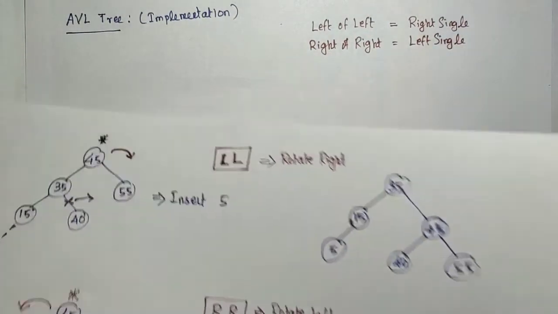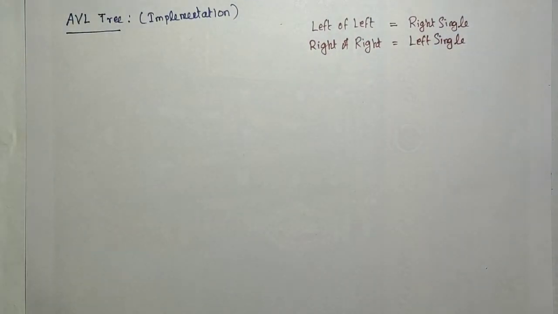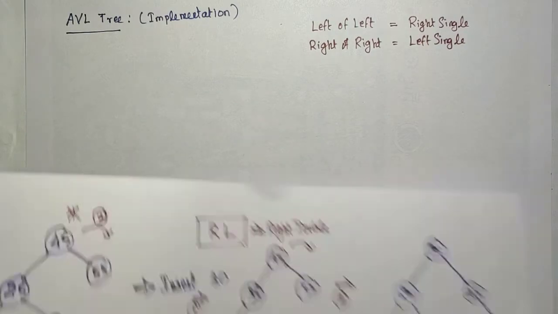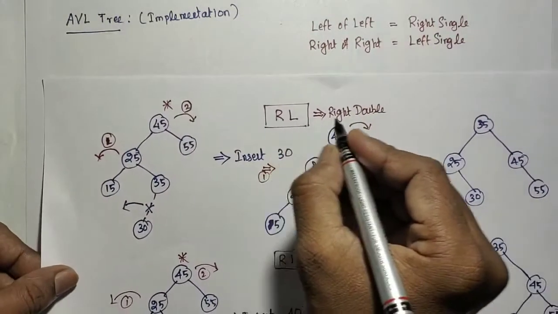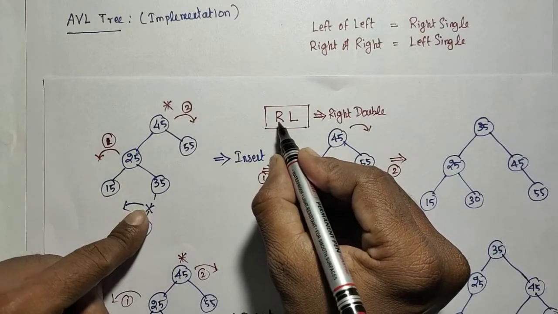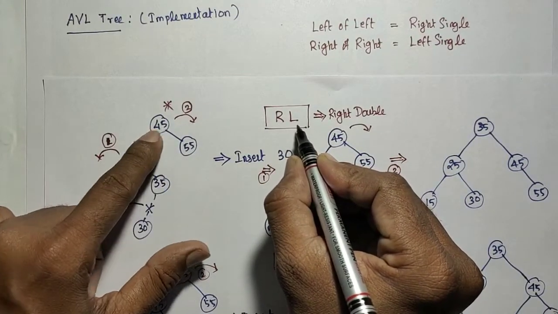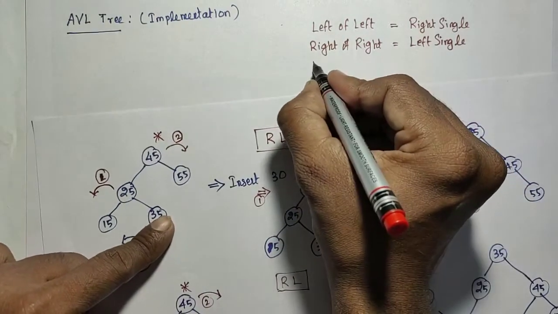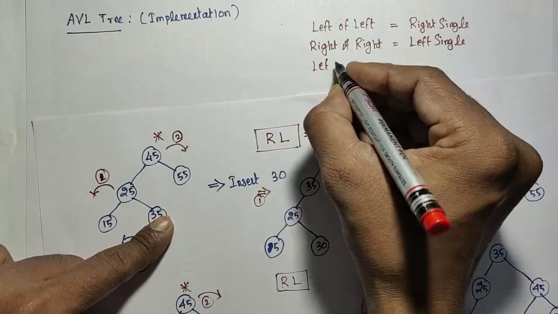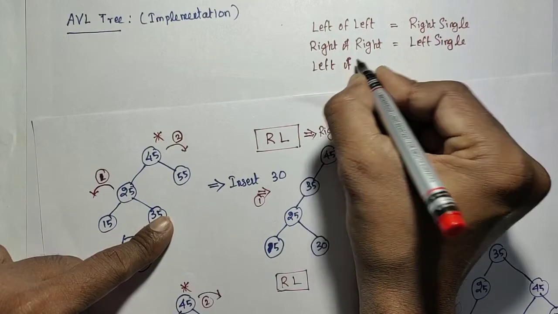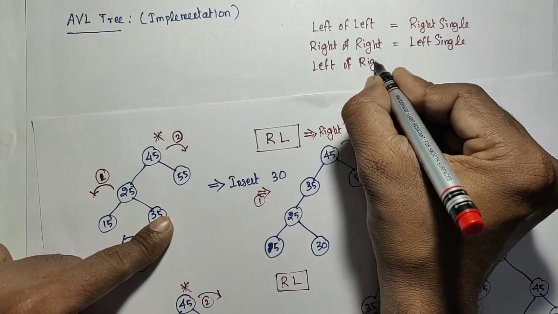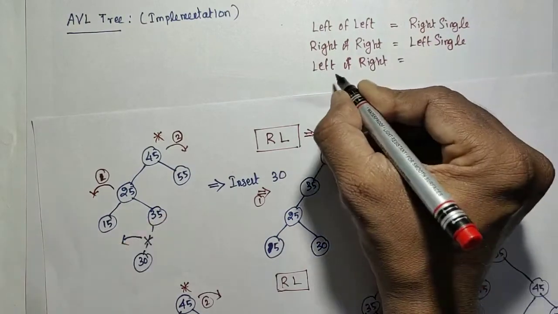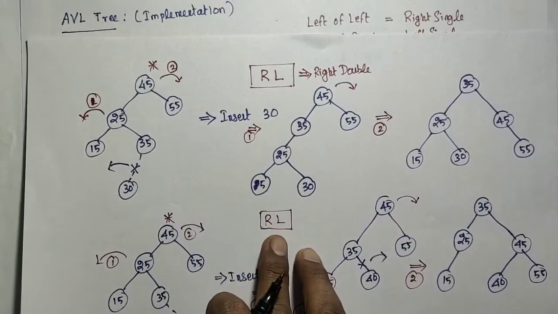Okay, so then the next case is inserting an element at the left of the right subtree. I have written the left of the right.